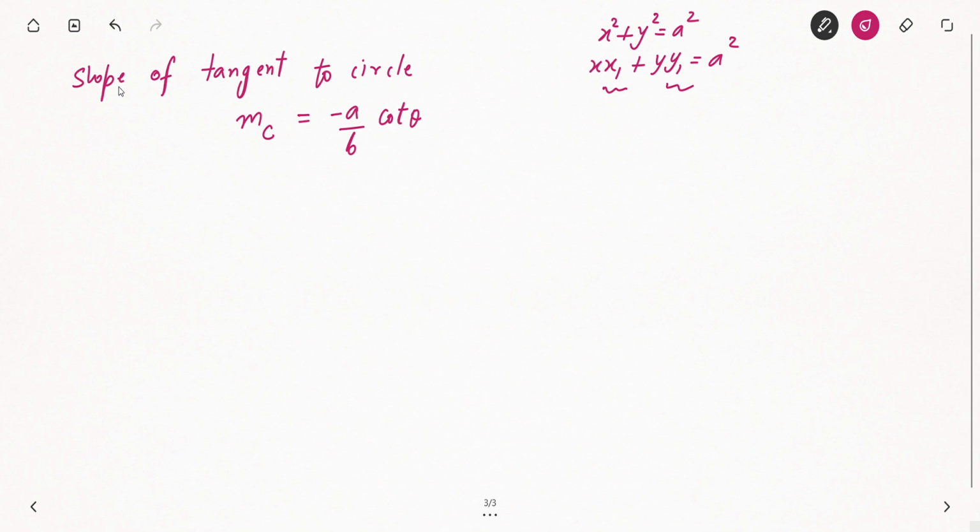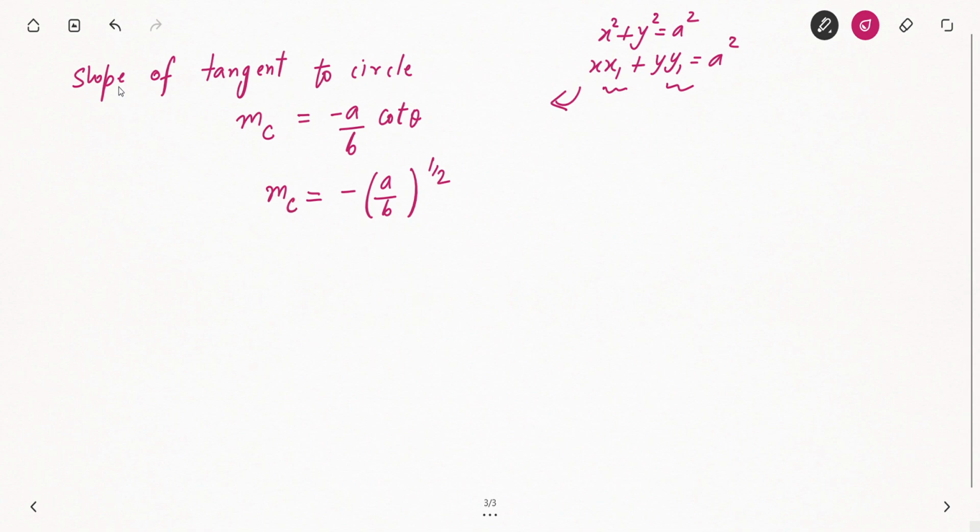I don't think I need to do it, because it is easy and should be left as an exercise. So from here, putting the value of cot theta, I will get a by b to the power 1 by 2. So this is the slope of the tangent to the circle.